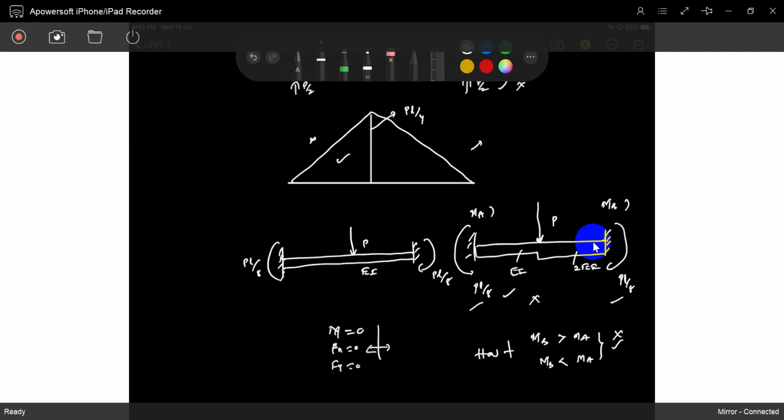I have a question. Check it, find it, or search it. This is for your knowledge. Check whether it is PL by 8. Is it not dependent on cross section, or is it dependent on cross section? I don't know.